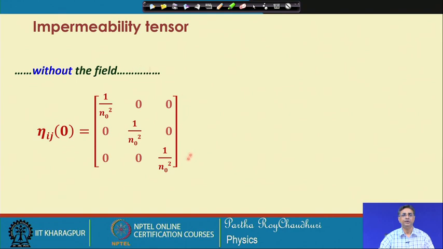So, without field, I have this form of the impermeability tensor, which has all the same diagonal elements, because it is an isotropic material.